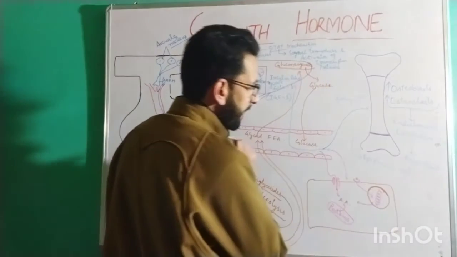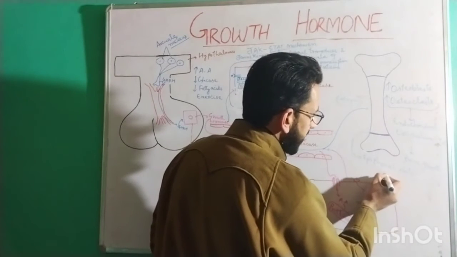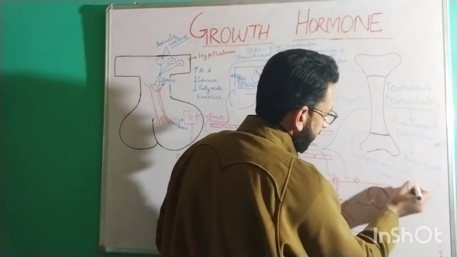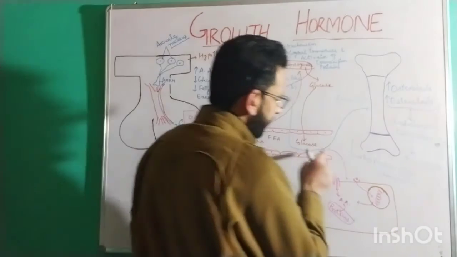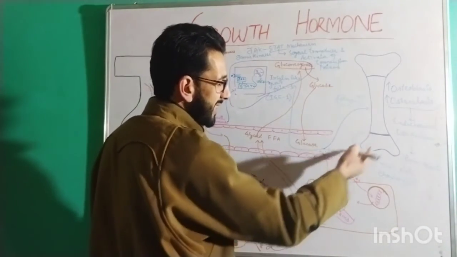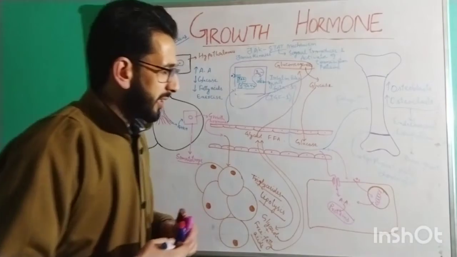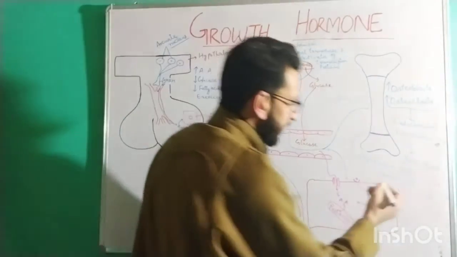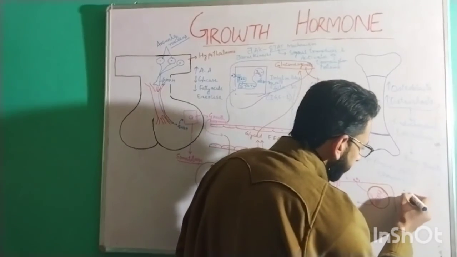And in the epiphyseal plate we have the chondrocytes. And what this insulin-like growth factor is doing on the chondrocytes is, it leads to an increase in the size of the chondrocytes, and it leads to the process of proliferation.